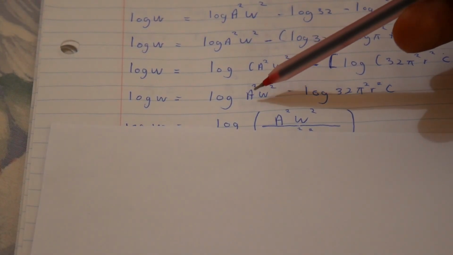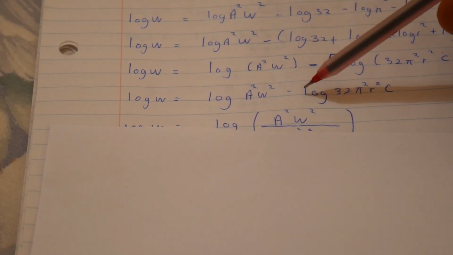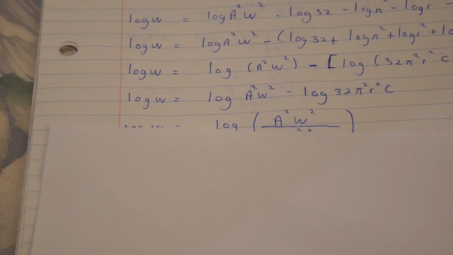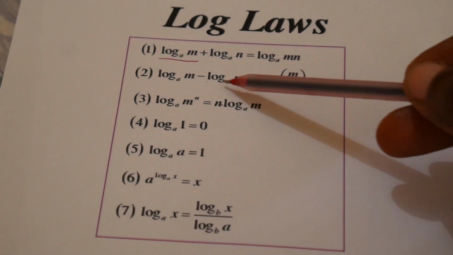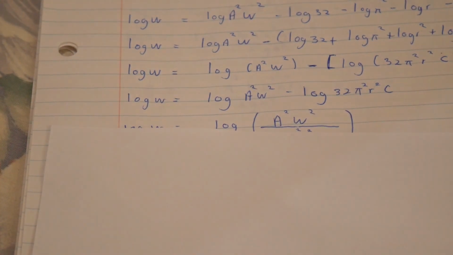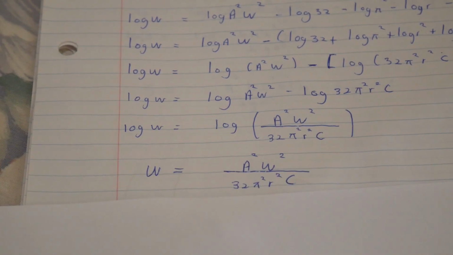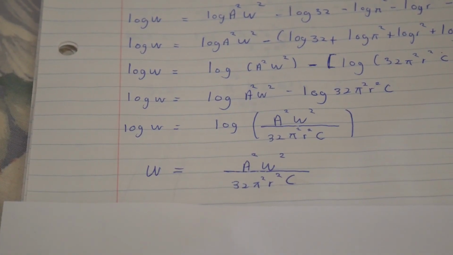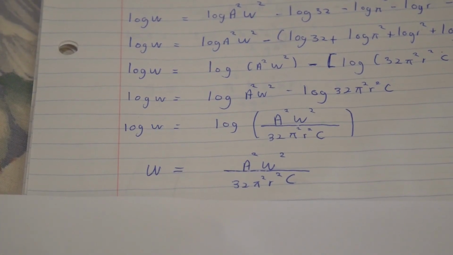Alright, so what's left is log of a squared w squared minus log of that. And using finally the division rule, a log minus a log, you bring it together and it becomes a division. And you anti-log both sides and you have simply that.